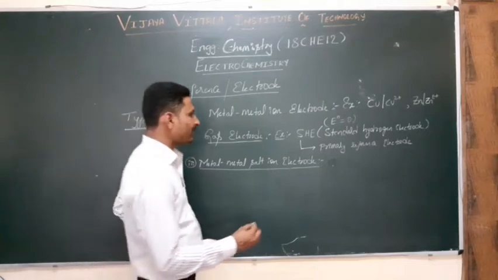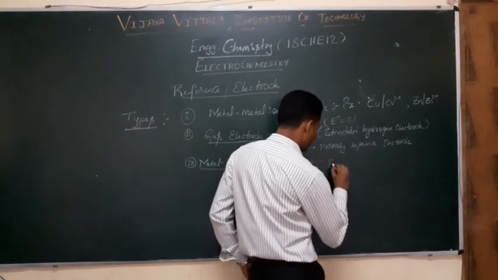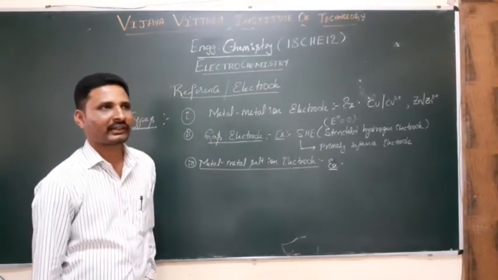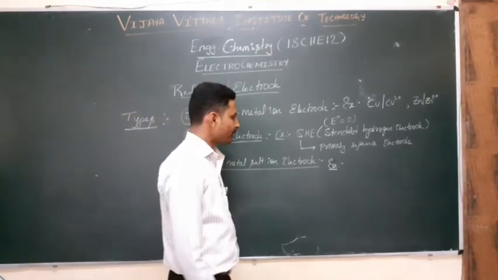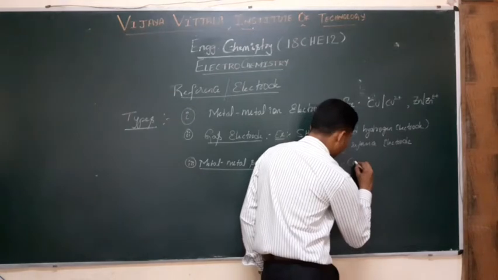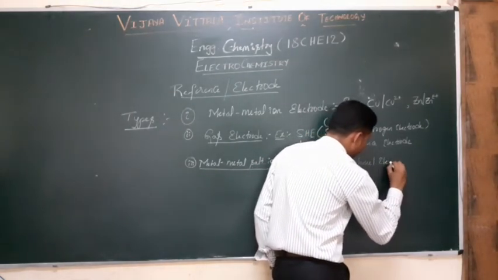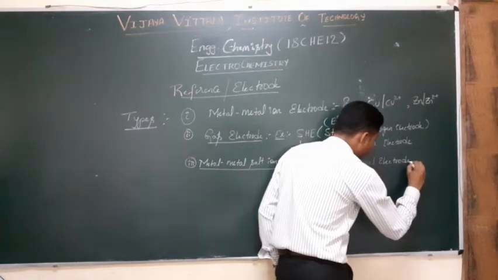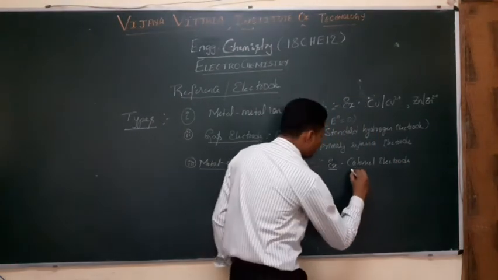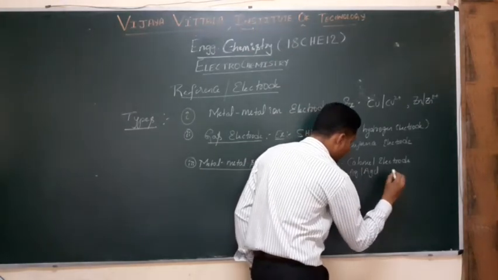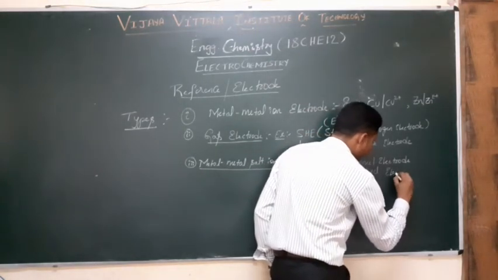Examples for this metal salt ion electrode are the calomel electrode and the silver chloride electrode, AgCl electrode.